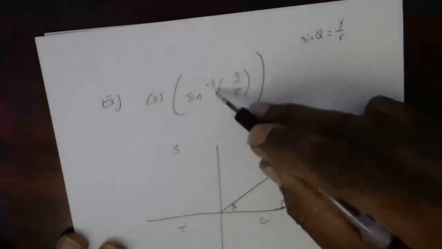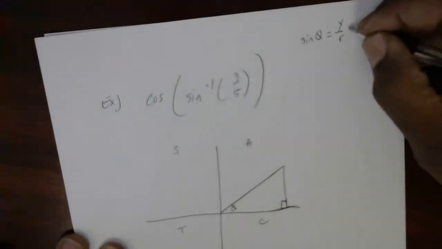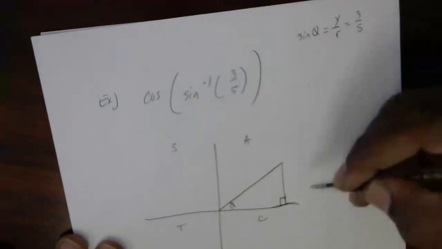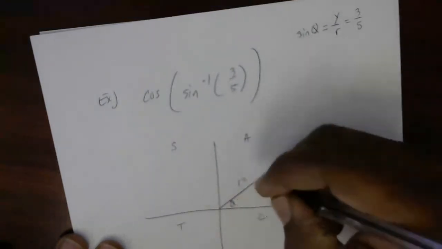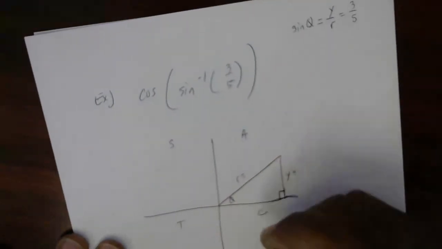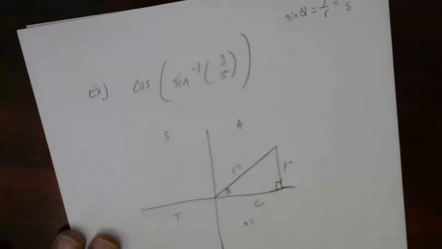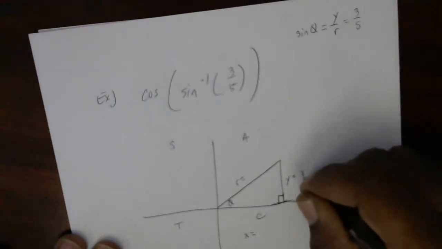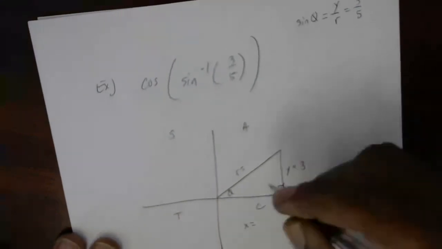We're given that the arc sine is 3/5, so my y value should be 3. Remember, we're on the x and y axis. So this is r, this is y, and this is x. I'm given y as 3, and r as 5.